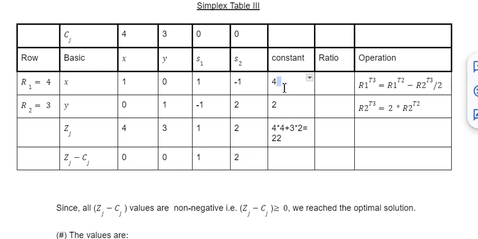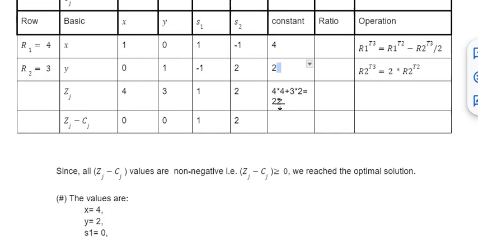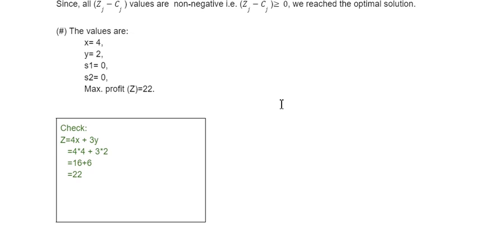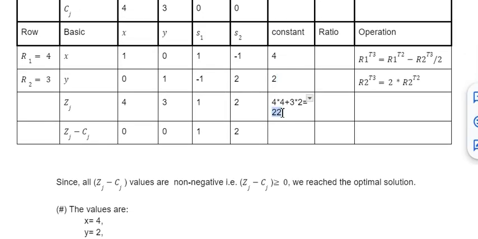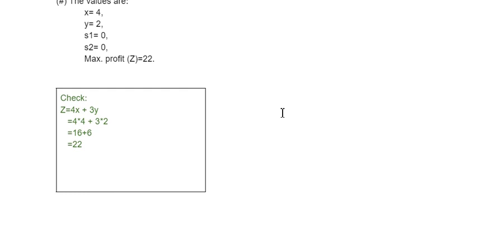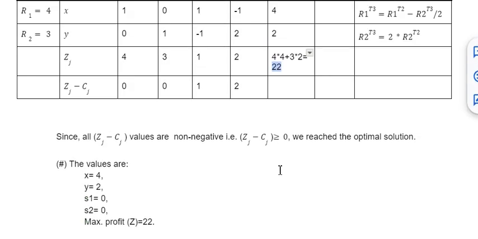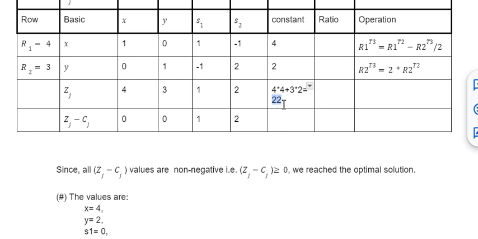We have the x decision variable equal to 4, the y decision variable equal to 2, and the maximum profit z equal to 22.